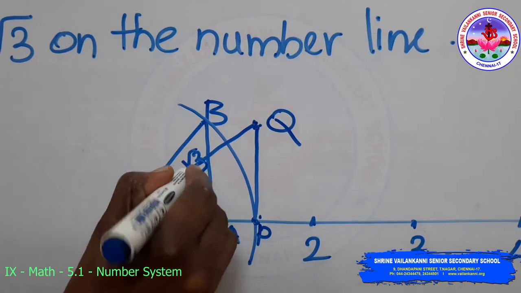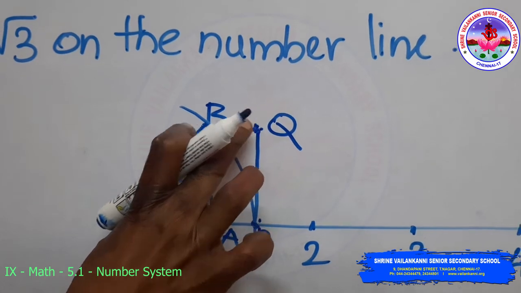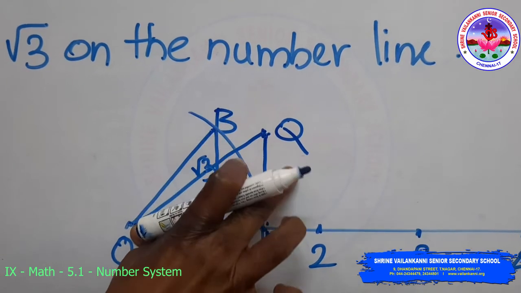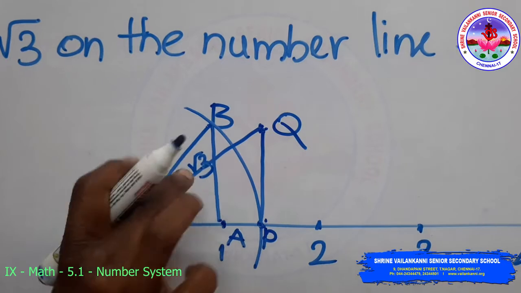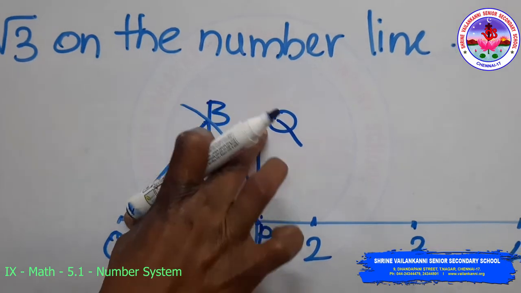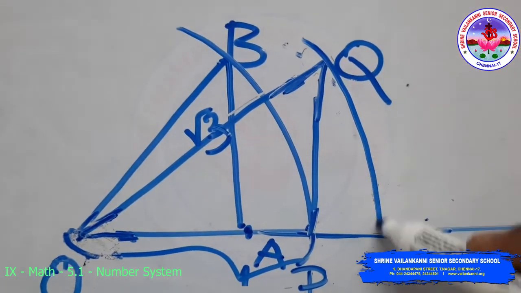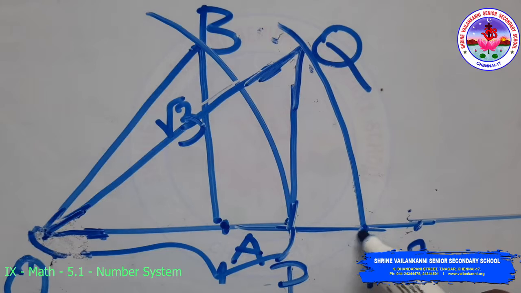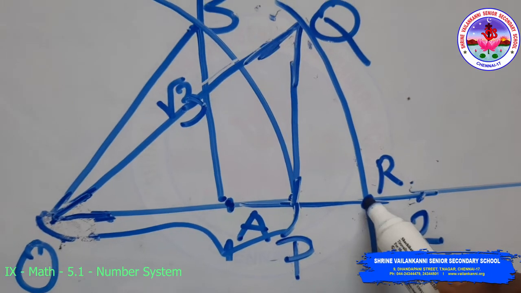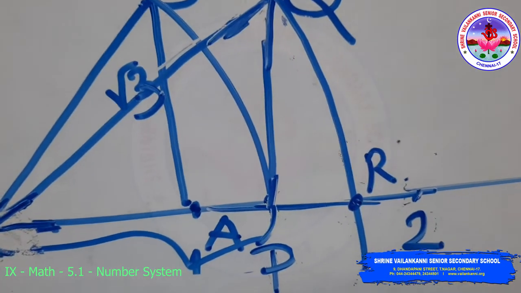Taking the compass, keeping the needle at O, measuring this OQ, I give an arc such that the arc cuts the number line at the point R. So this R point denotes root 3. Hence, I represented root 3 on the number line.